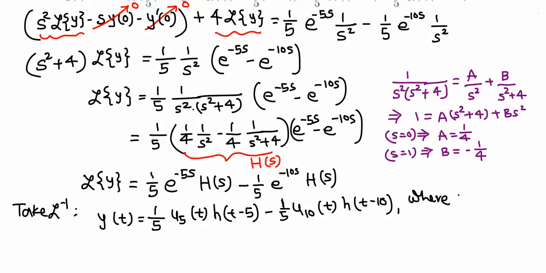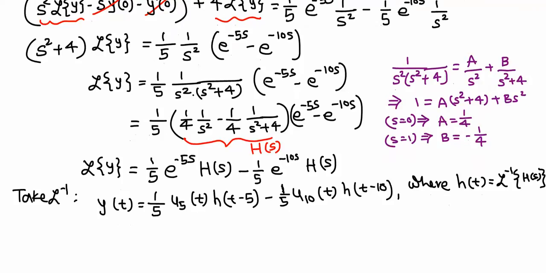Okay, so just find lowercase h and write down h(t minus 5), then done.